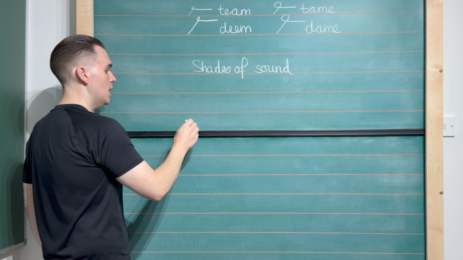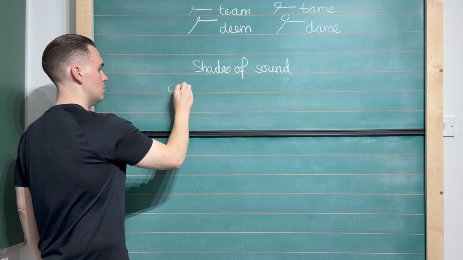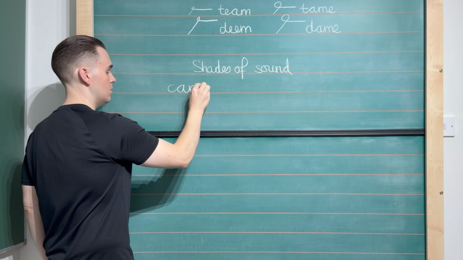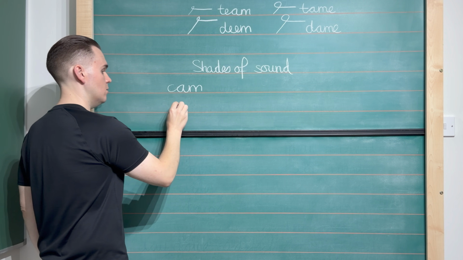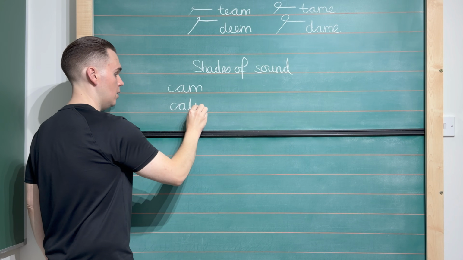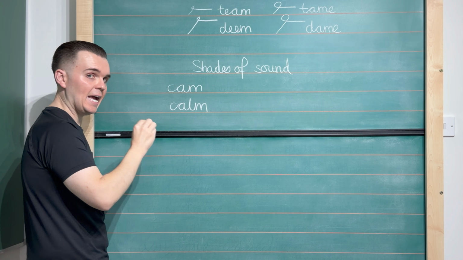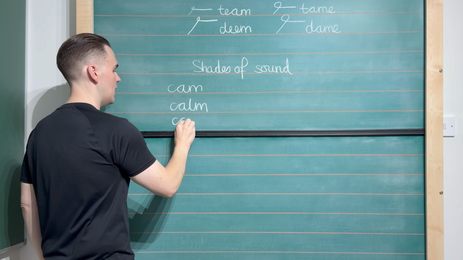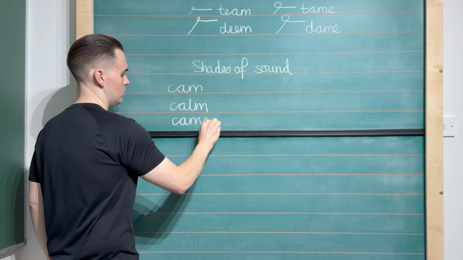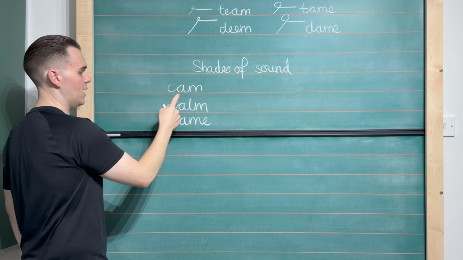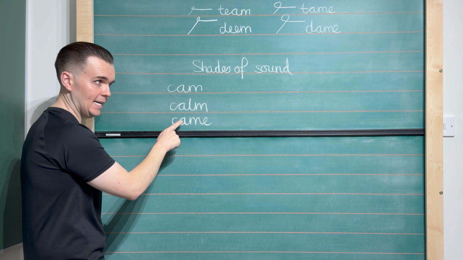So we have the A sound, as in can. We have the R sound, as in calm. And we have the A sound, as in came. So we have 3 sounds. We have A, R and A.